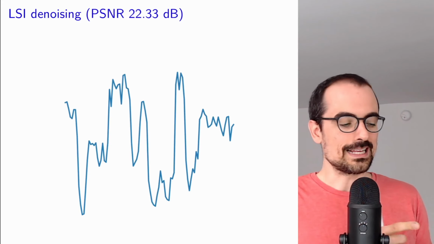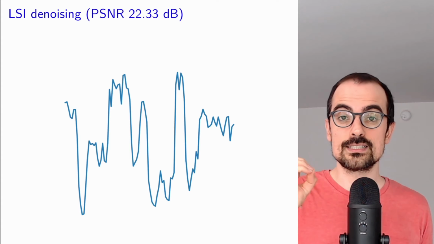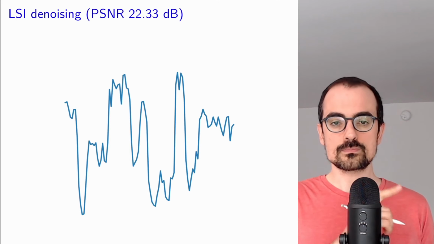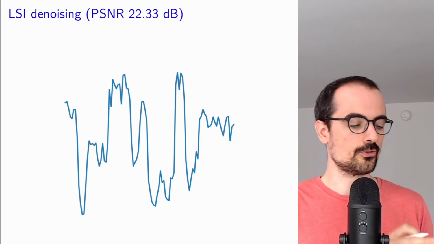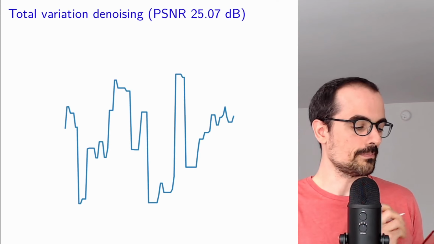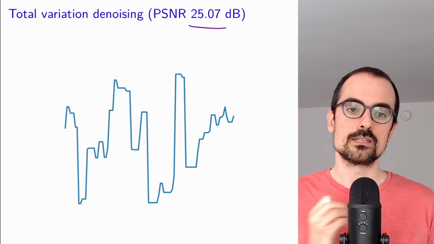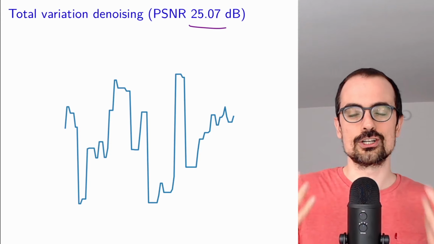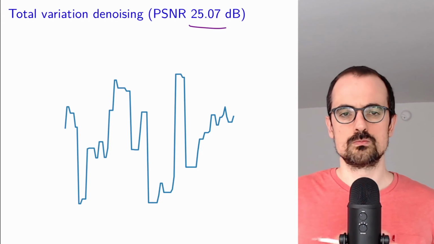Now we're going to apply a total variation denoiser that exploits sparsity of the gradient of the signal, which means basically that it's promoting jumps and constant regions. And it actually does that pretty well, and it improves the PSNR quite a bit. And this is actually very well adapted to this kind of signals. This total variation denoising was essentially developed thinking about piecewise constant signals. So it does quite well.